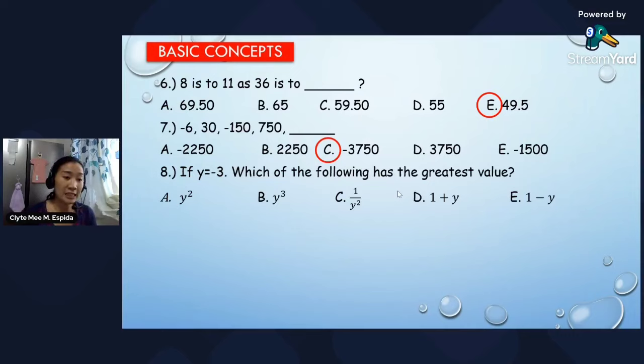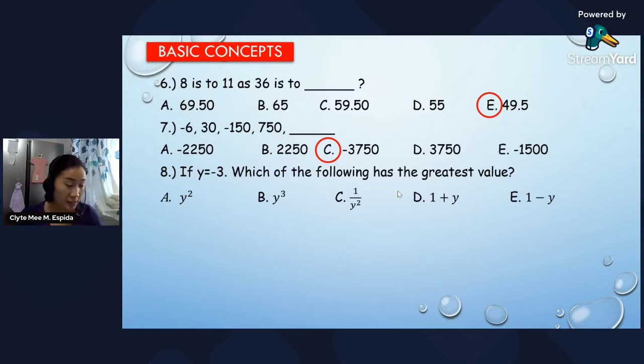So you have 30 divided by -6, and the answer is -5. Let's see if our multiplier is the same. -150 divided by 30 is still -5. So the pattern is multiplying by -5. So 750 times -5 is negative 3,750.